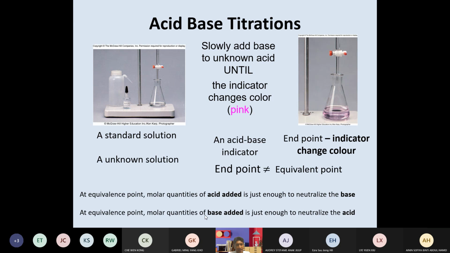But if we had a machine or instrument that would tell us, okay, stop here, this is the point we are reaching, it would be much easier. And this is exactly what the pH meter does. The pH meter will tell us that we are done, you don't have to add any more.